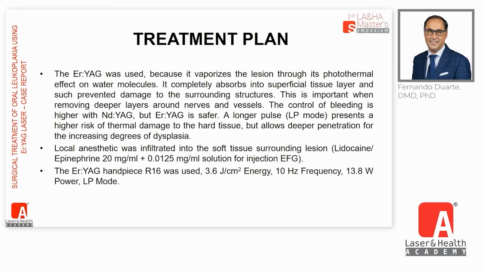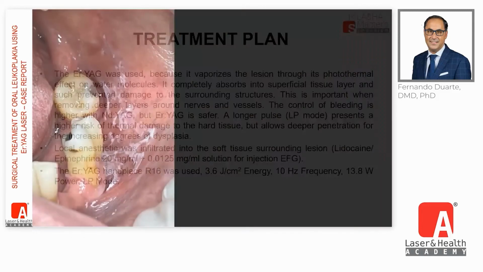Local anesthetic was infiltrated in the soft tissue surrounding the lesion, lidocaine and epinephrine, and the erbium YAG was used, as I said before, with a handpiece R16, 3.6 joules per square centimeter in energy, 10 Hz, and 13.8 watts in the LP mode.